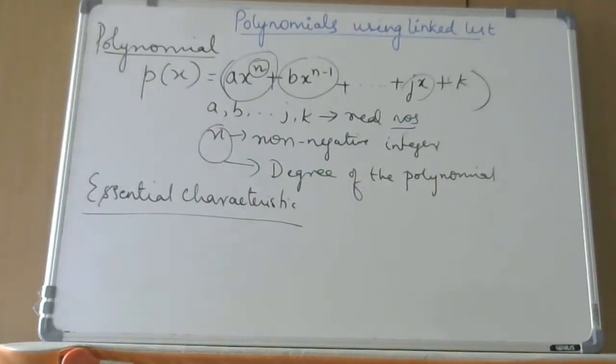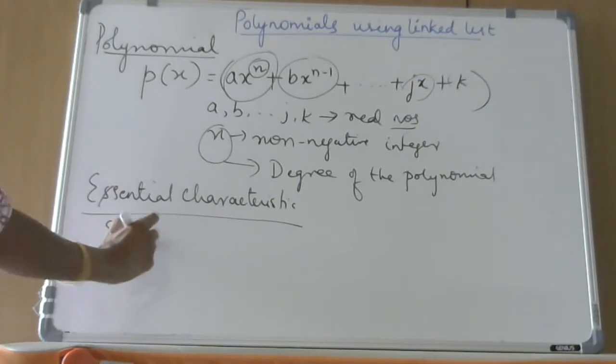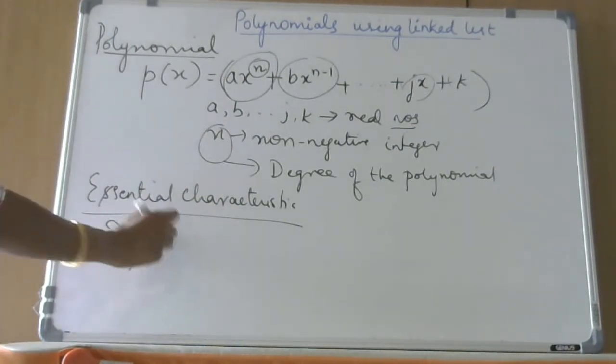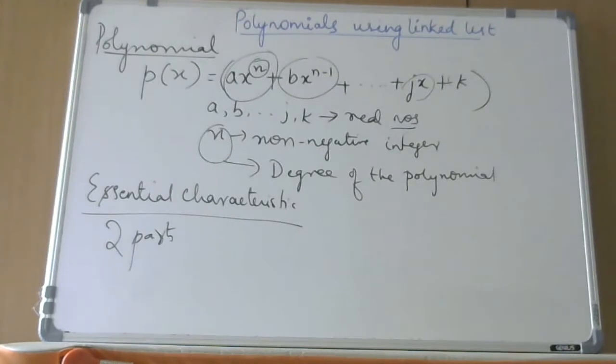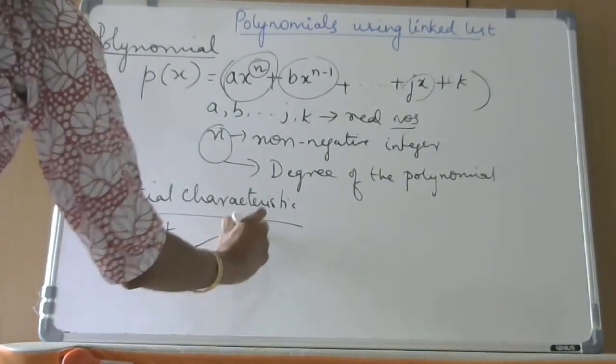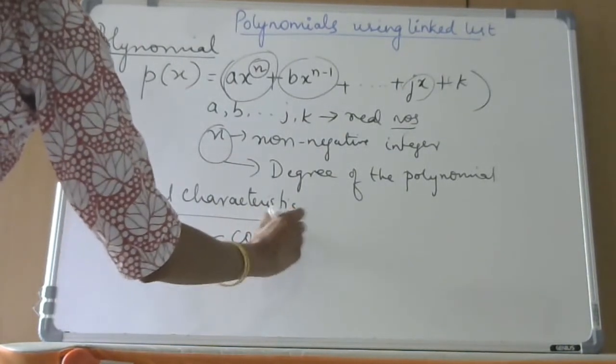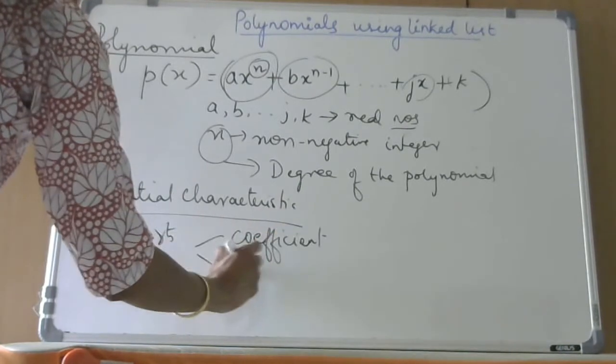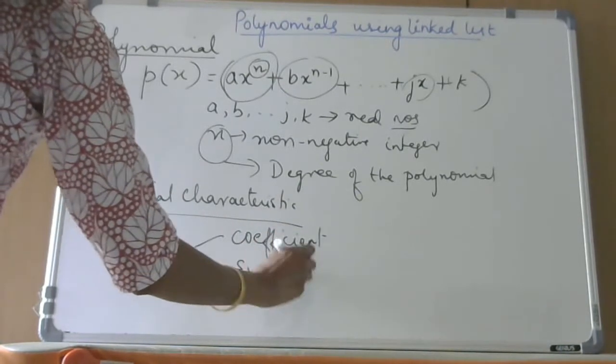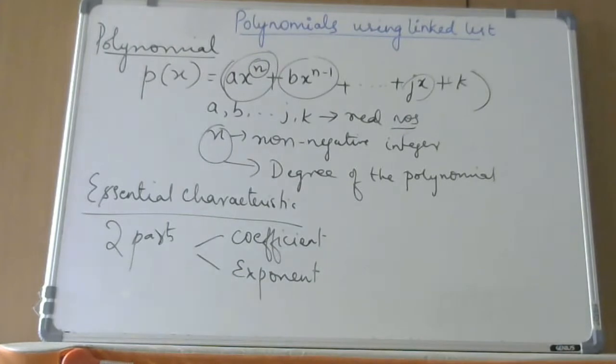Every term in the polynomial should have two parts. One is called the coefficient, the other is called the exponent.